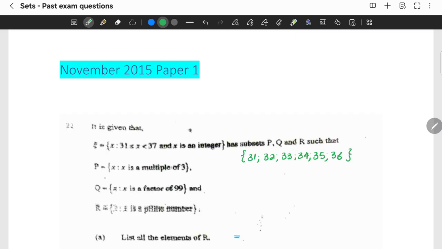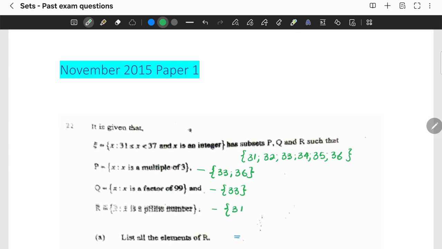Then we are told that P is a set of multiples of 3, so we have 33 and 36. Q is a factor of 99, which is going to be 33. R is a prime number, and a prime number is divisible by 1 and itself.